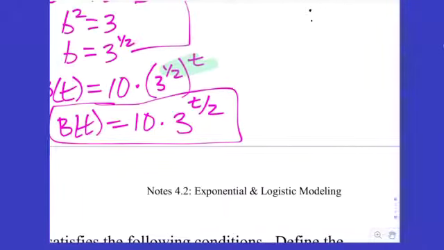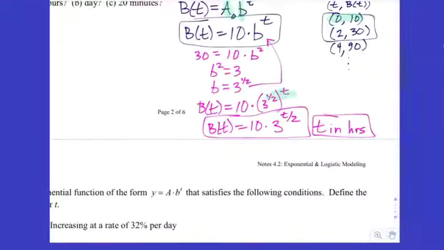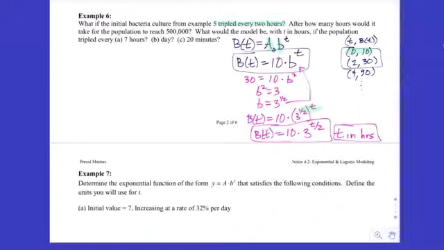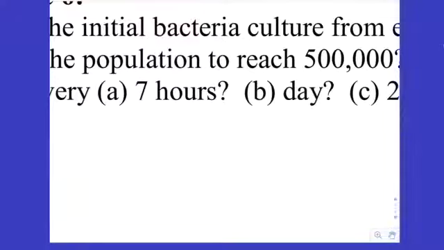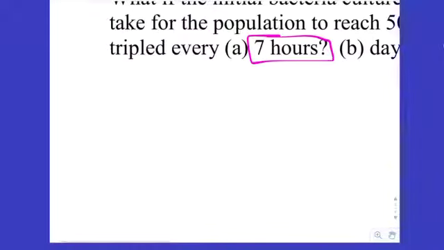All right, so in this case, what are the units of t, just to make sure? Hours. T is measured in hours. The units of the independent variable are going to be very, very important, all right? So what we're going to do now before we move on to the next one is what if the population tripled not every 2 hours, but every 7 hours?